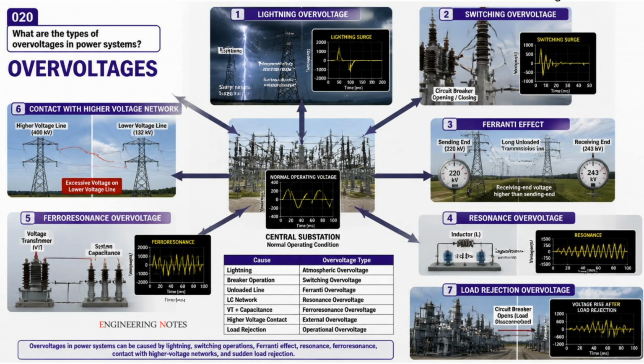F. Overvoltage due to contact with a higher voltage system. Overvoltage that occurs when a transmission or distribution line comes into contact with another line operating at a higher voltage level. G. Overvoltage caused by sudden removal of large loads. Overvoltage that occurs when large electrical loads are suddenly disconnected from the power system, causing a temporary rise in system voltage.